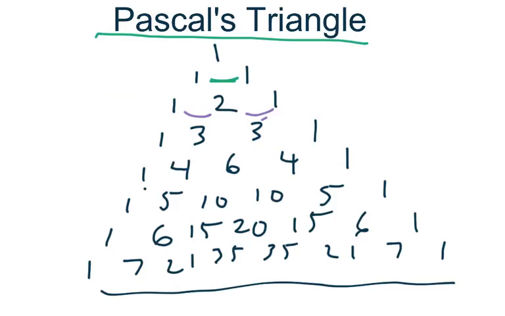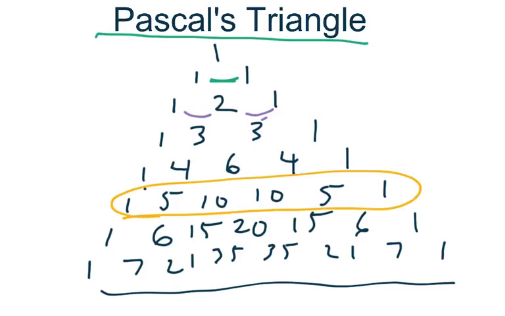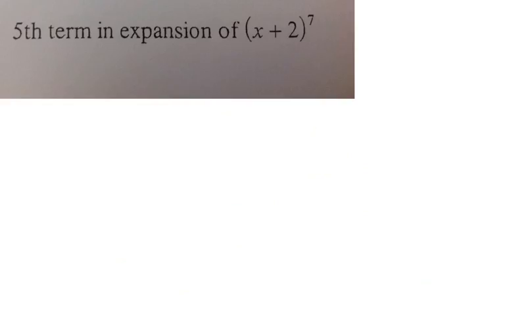Okay, so since it is a 5 power, hopefully you understand, I'm going to go to Pascal's triangle here, and I'm looking at row 5 right here, right? And I need 1, 5, 10, 10, 5, 1. Oops, I just did it on the wrong one, didn't I?